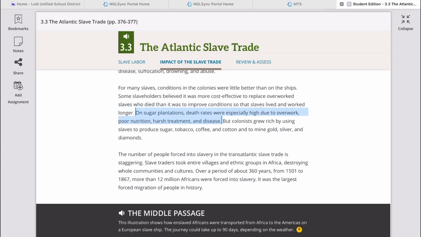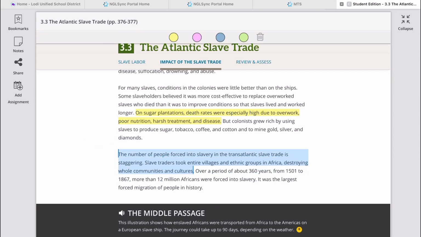So the number of people forced into slavery in the transatlantic slave trade is really shocking. Slave traders took entire villages and ethnic groups in Africa, destroying whole communities and eventually erasing the cultures because there were no people left to continue that very rich and colorful culture.